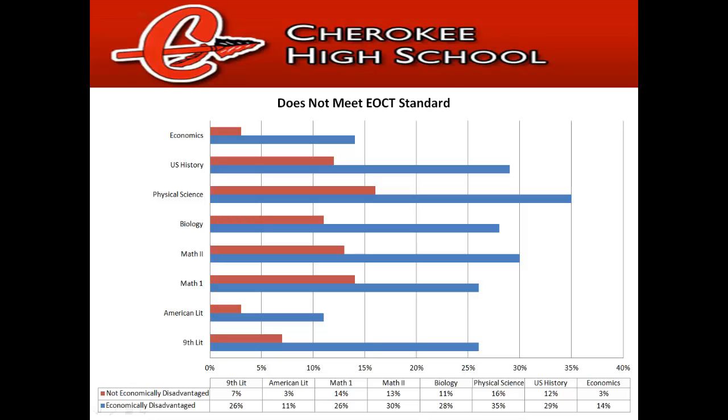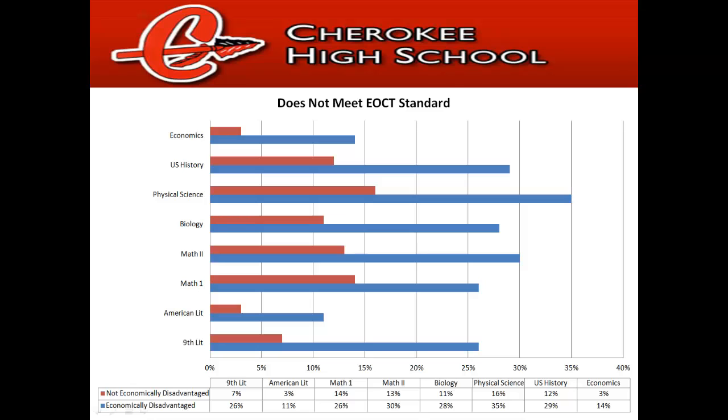In American Lit, that number is 11%. Math 1, it's 26%. Math 2, it's 30%. Biology was 28%. Physical science is 35%. U.S. history, there's a difference, with the economically disadvantaged not meeting at 29%.